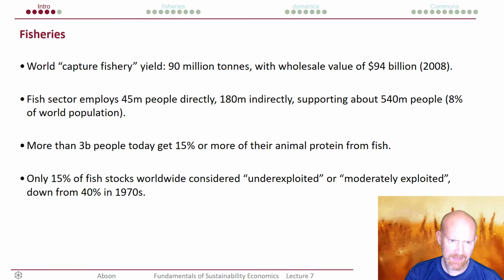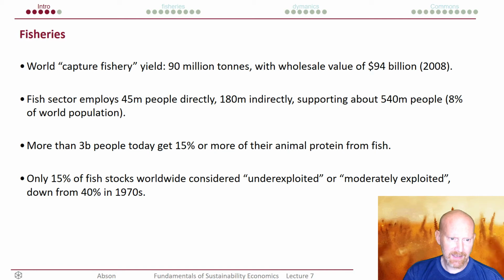World capture fisheries are about 90 million tons a year. Capture fisheries means it excludes fish farming, for example. So this is actually people going out into the oceans and catching fish, with a value in 2008 of $94 billion.